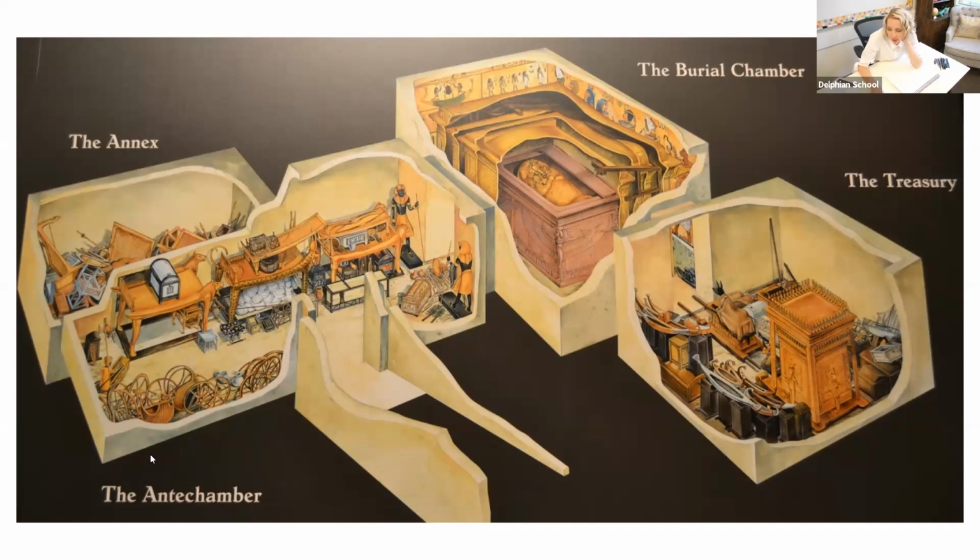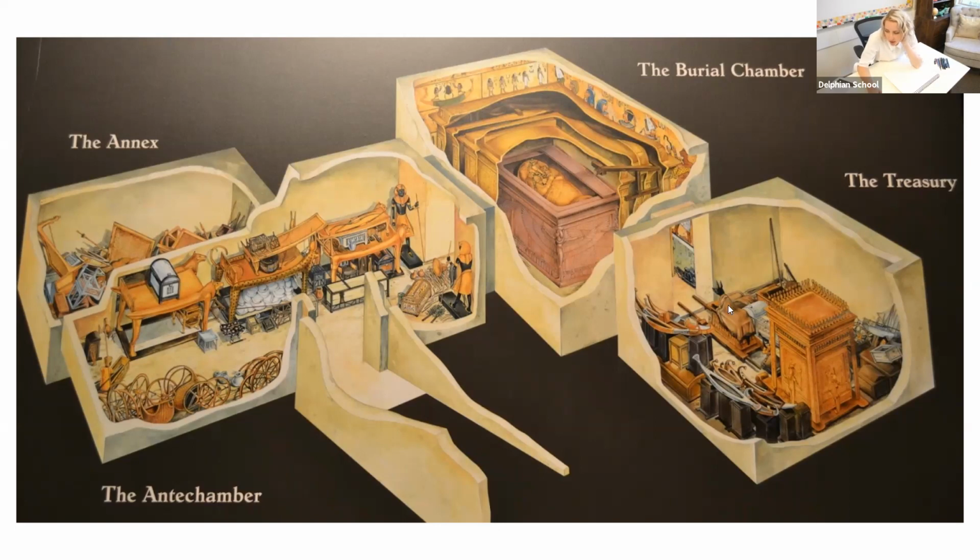tomb or pyramid. And you can see that there's a few different rooms here. This one room, the first room, has all these chariots that they could have attached to horses, and there's tables and statues. There's another room back there that's got all this furniture in it. And then you go into the burial chamber, where you see this big epic coffin looking thing that's got multiple different layers that they showed in this illustration.